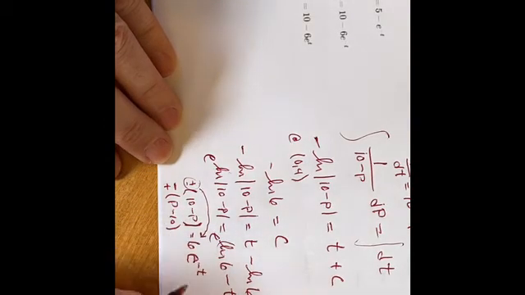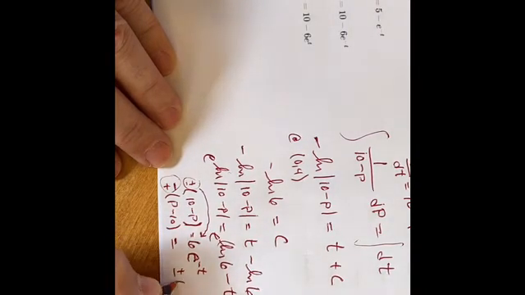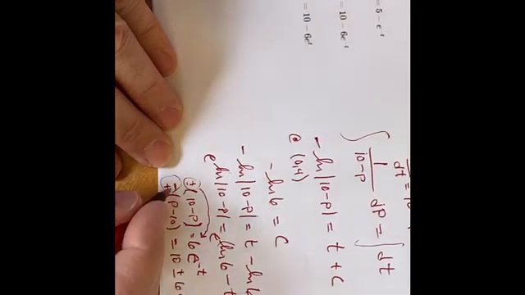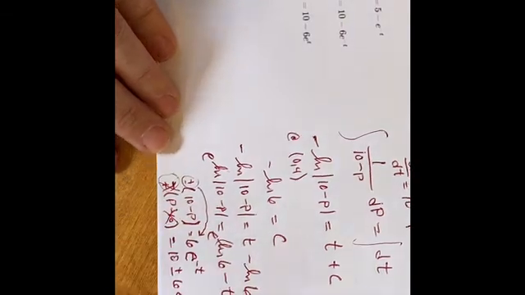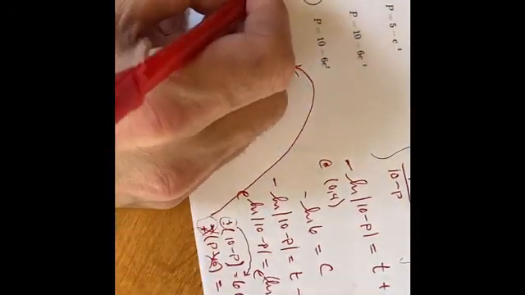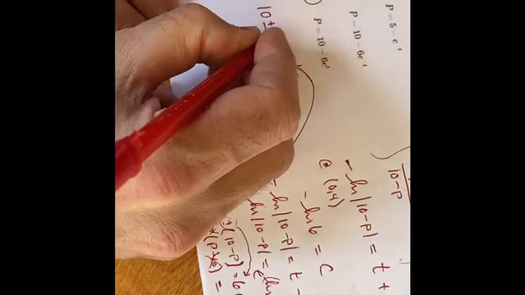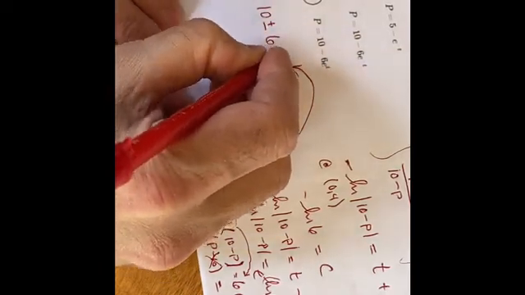And then I'm going to move this plus or minus to here, and add the 10. Okay? So this is what I have. I'm going to move it over here because it's getting really ugly where I am. So p is 10 plus or minus 6 e to the negative t.